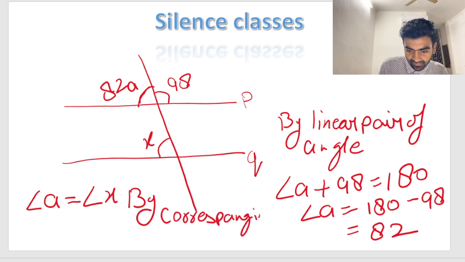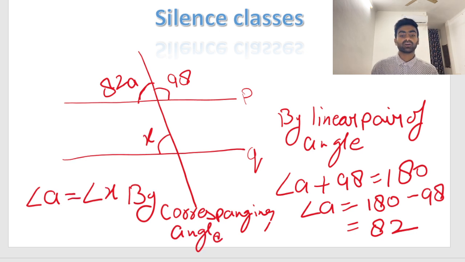They both are corresponding angles. That's why we can say angle A and angle x is 82 degree. Okay, so we got the value of angle x, that is 82 degree. I hope you guys understood how we have found this.